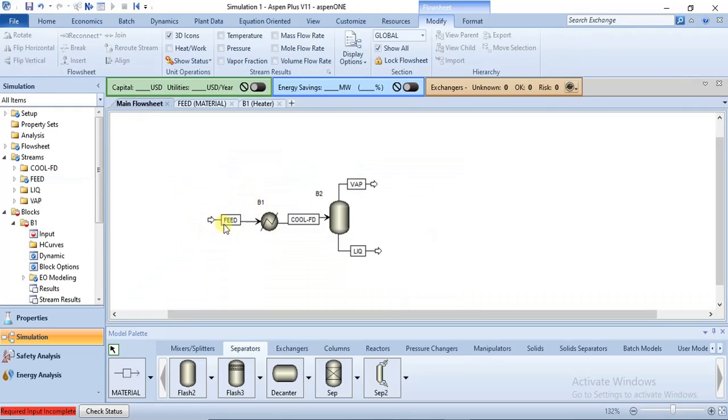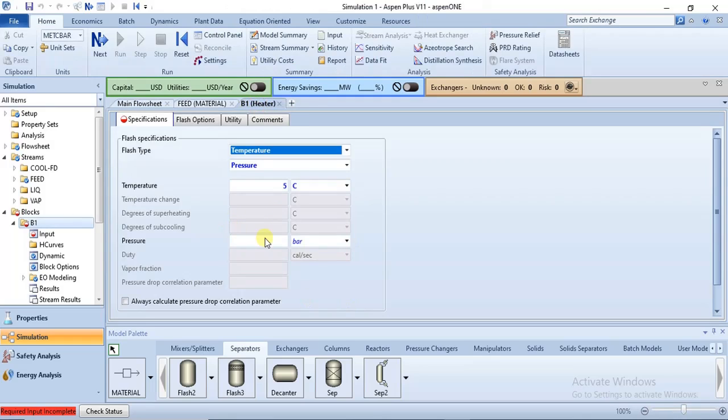Let's go back. The feed is at 29.8 bar. The outlet, which is cool FD, will also be at 29.8 bar because the question said the cooler has 0 pressure drop. So the outlet pressure will be equal to the inlet pressure. That is what we are specifying here, 29.8 bar.